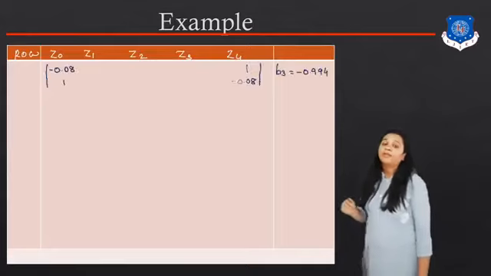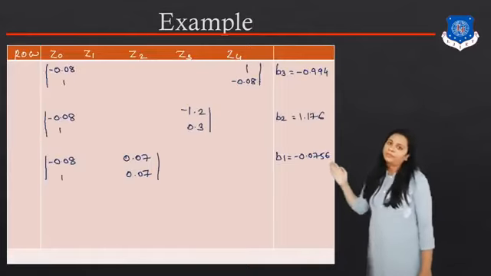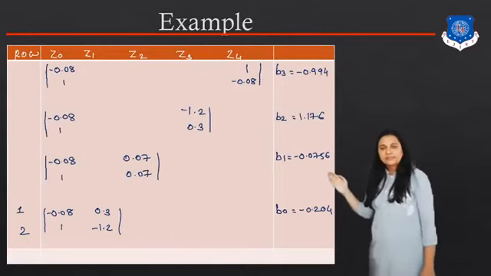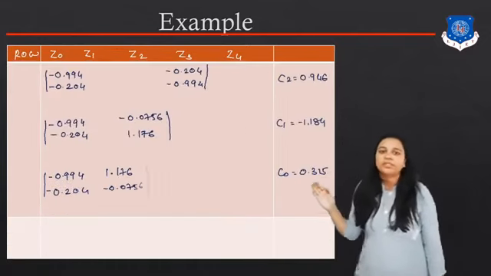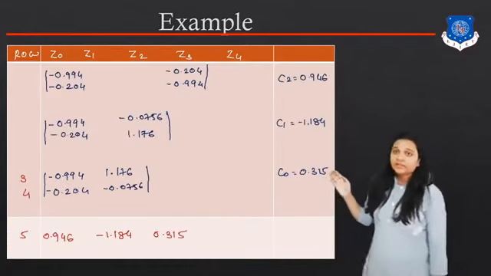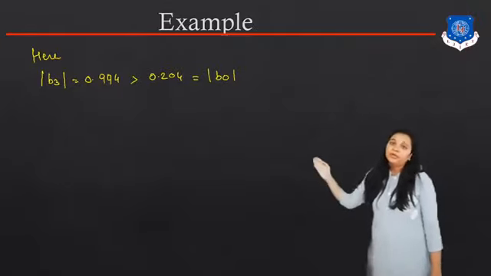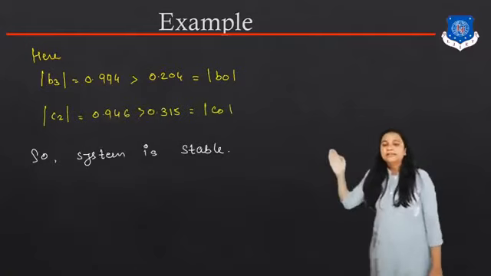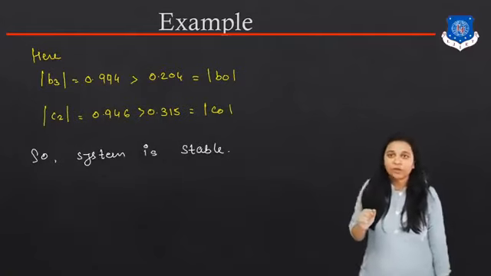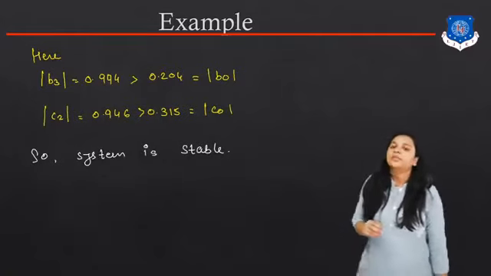Next we find the values of B0, B1, B2 and B3 using this table. Then using these values we find C2, C1 and C0. And last we check whether the modulus of B3 is greater than B0, and the modulus of C2 is greater than the modulus of C0. Then that type of system is stable.